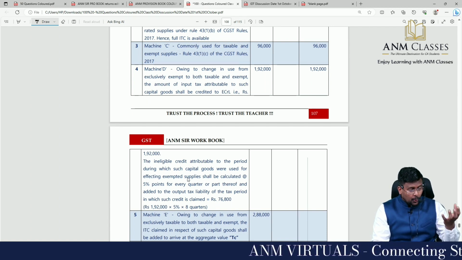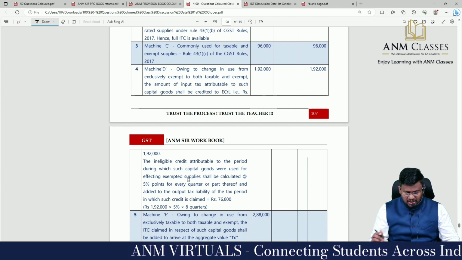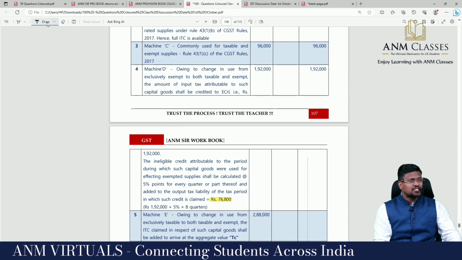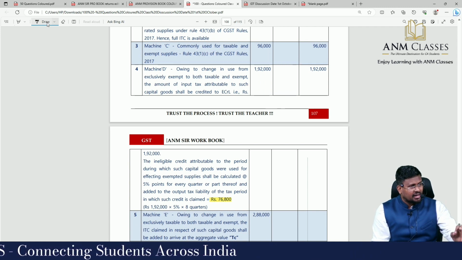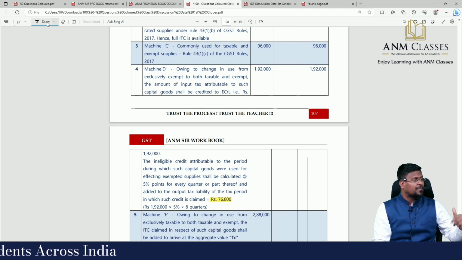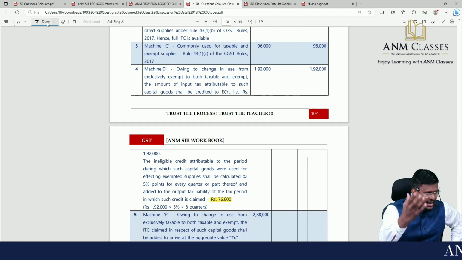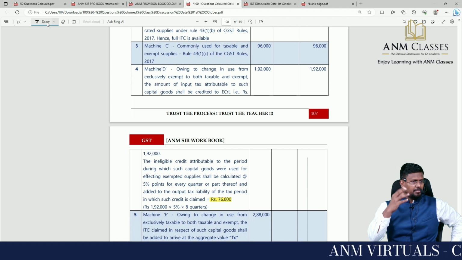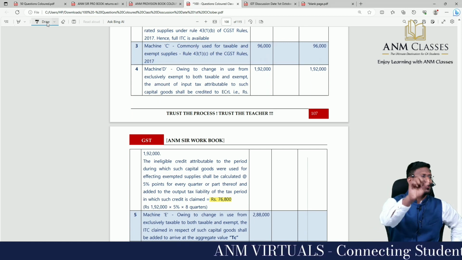So here, 40% of 1,92,000 comes to 76,800. In whichever tax period you take the credit, in that tax period you have to add it to your output tax liability from your pocket and pay the tax. So 76,800 you are paying by adding to the output tax liability. By that way you are regularizing that 1,92,000.